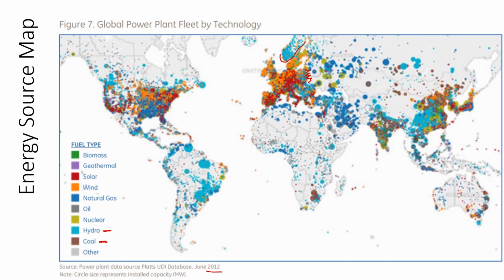Check out Norway. This is why Norway is emitting so little carbon dioxide, is because of all of that hydro. They're showing a lot of hydroelectric in Iceland as well. I was under the impression that Iceland is 100% geothermal.